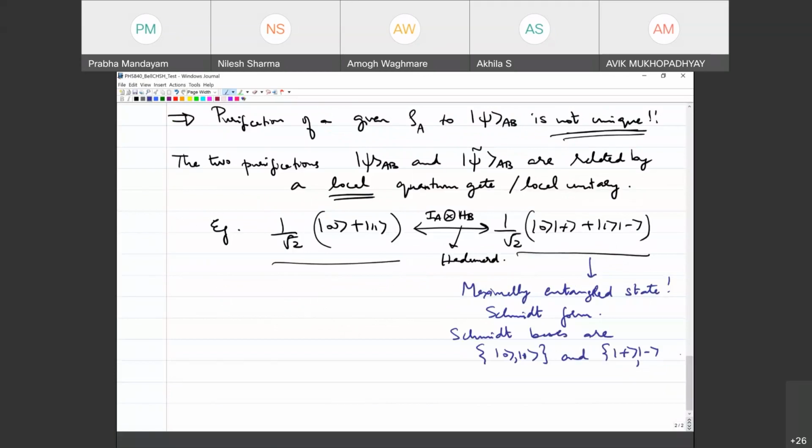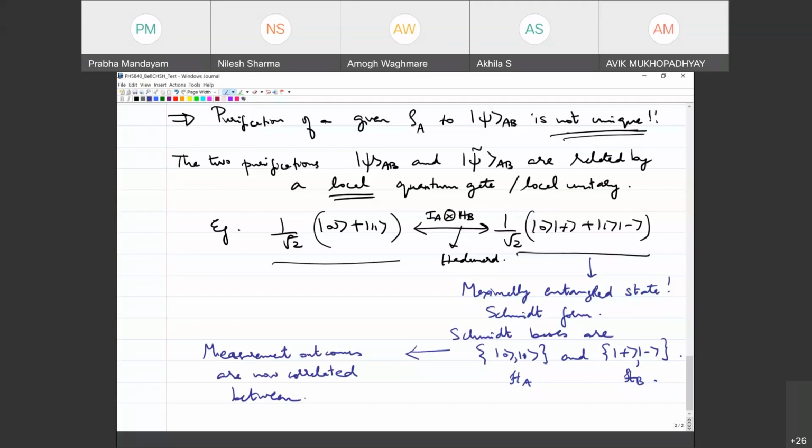So what does it mean to say that the Schmidt bases are now 0, 1 on subsystem A and plus, minus on subsystem B? It means that the measurement outcomes are now correlated between these two bases.